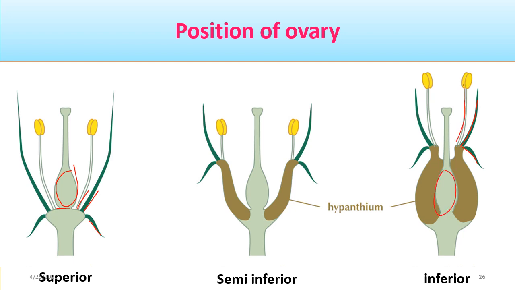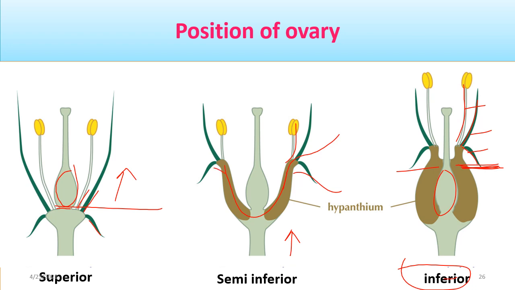With respect to the position of calyx, corolla, and androecium, it is down, so this is called the inferior type of ovary. This is up, superior ovary, and this middle one is a mixture of both, where we cannot differentiate the position, and here mostly it is a cup-like structure, and around the ovary calyx is there, corolla is there, and androecium is there. So this type of ovary is called a semi-inferior ovary.